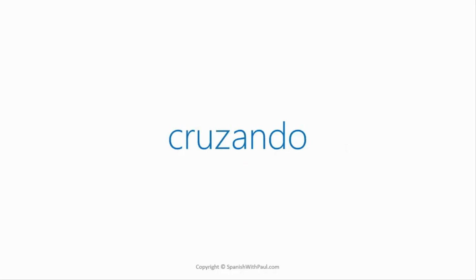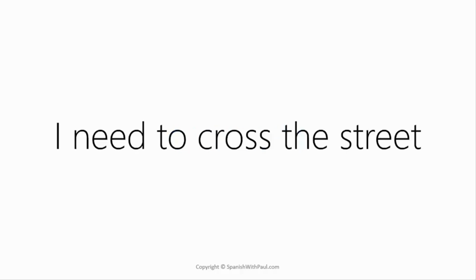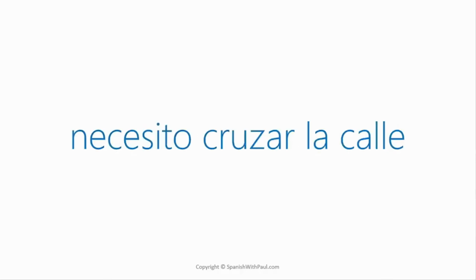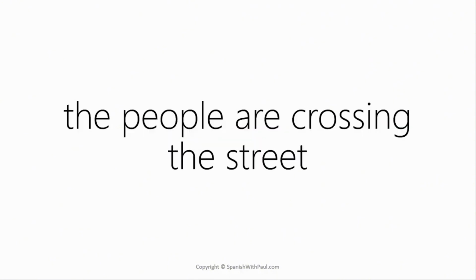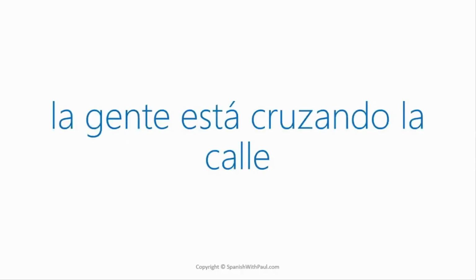Cruzando is crossing. How would you say, I need to cross the street? Necesito cruzar la calle. What about the people are crossing the street? La gente está cruzando la calle.